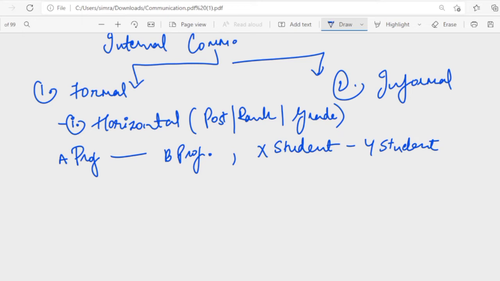So now what can be the example of vertical? This is your professor and this is you. Wait, I'll just make it more clear for you guys.